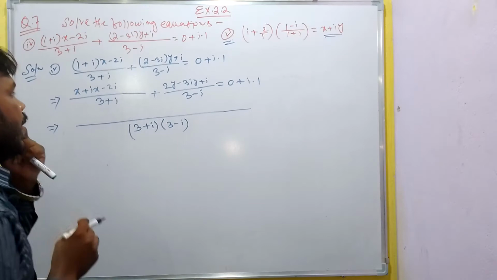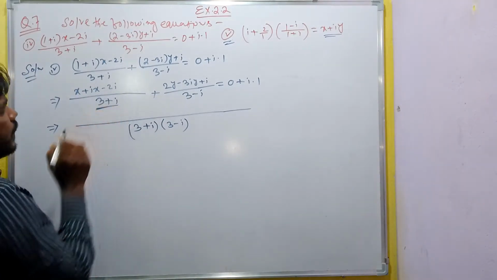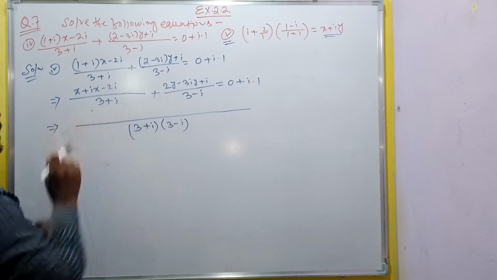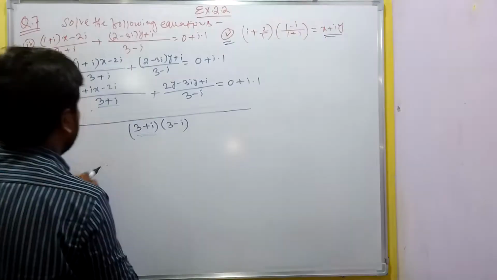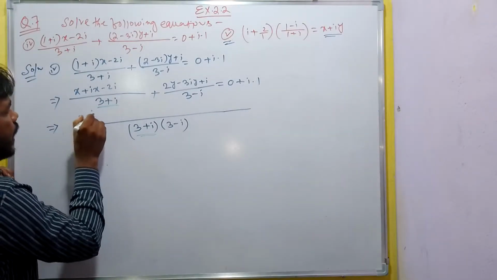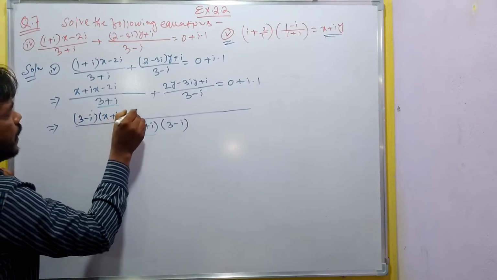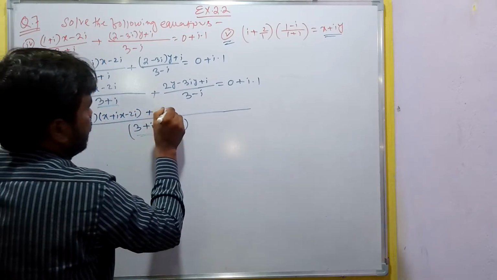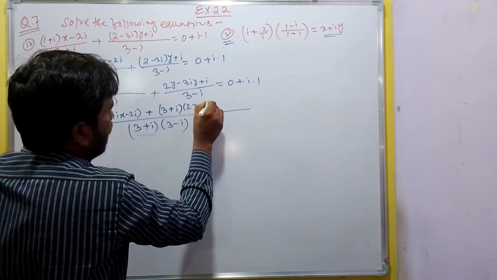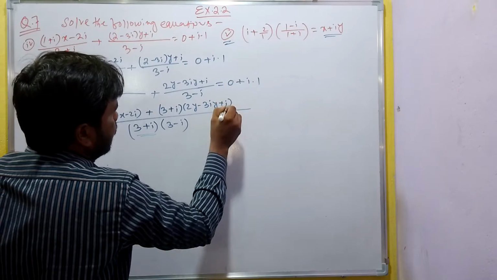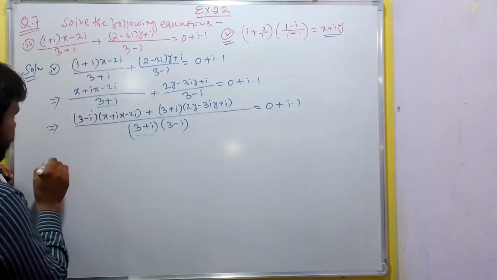Now you can see here 3 + i, here 3 + i. So (3 − i)(x + ix − 2i) plus (3 + i)(2y − 3iy + i) equals 0 + i·1.